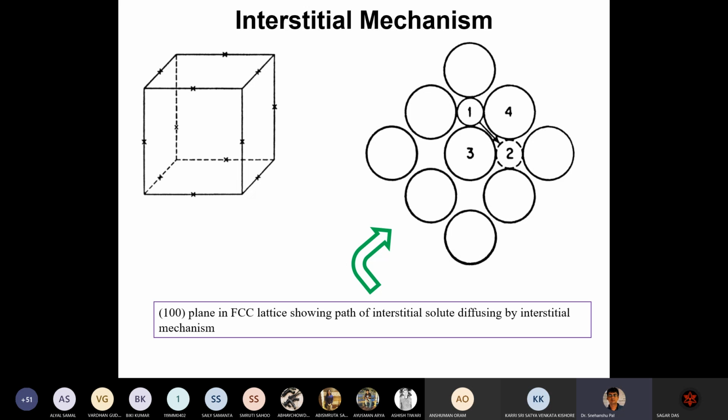So it is not going to disturb any of the matrix atoms, but it goes from one interstitial site to another nearest neighbor interstitial site. This is the scenario where the interstitial mechanism of diffusion is going to prevail.